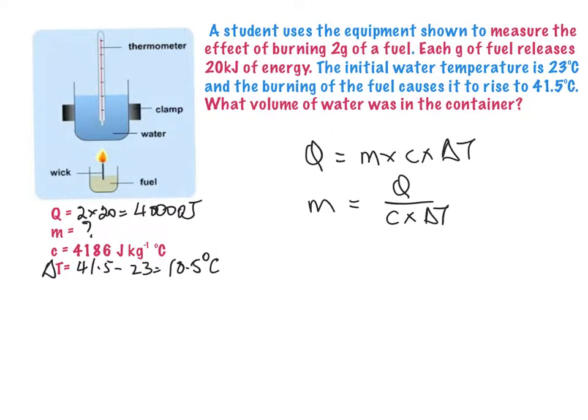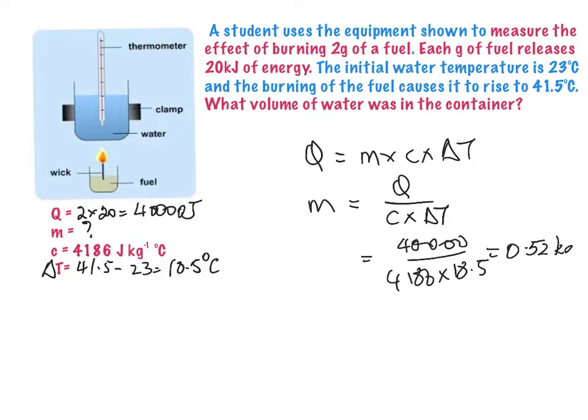All right, hopefully you got that right, but for those who had trouble, let's look at it. We've got up to this stage, and we know that we can start putting in numbers. So we've got 40,000 divided by 4186 times 18.5. And we should end up with a number that looks like this.